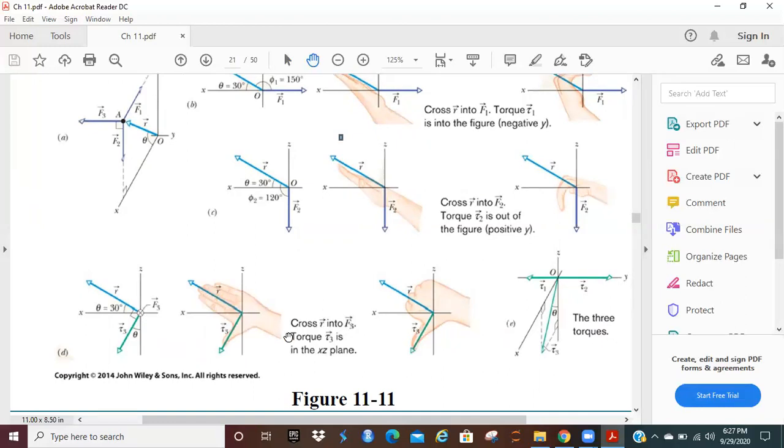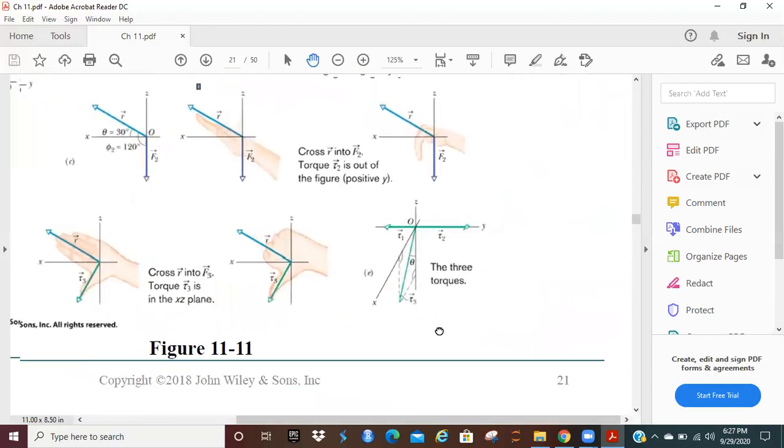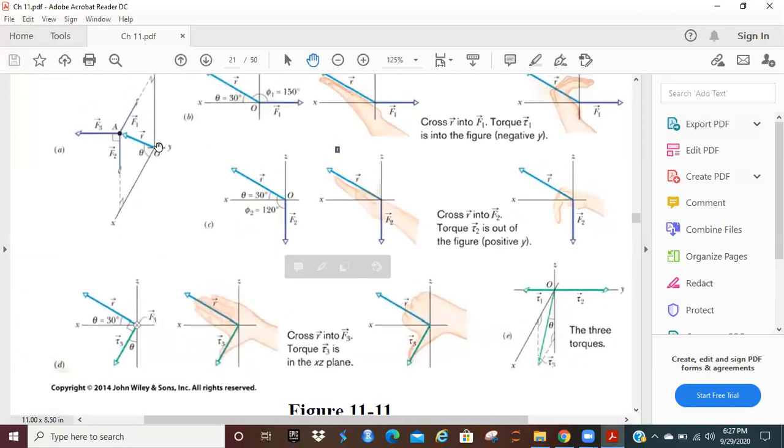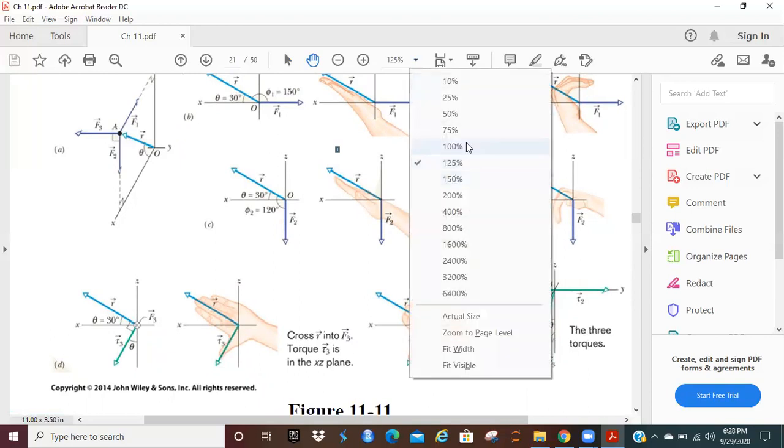That's a little strange. You would take your hand and curl it this way, and that means your thumb points in this particular direction. So these are the 3 torques from having this lever arm out here with those 3 forces on it. These are your torque vectors that result from that.